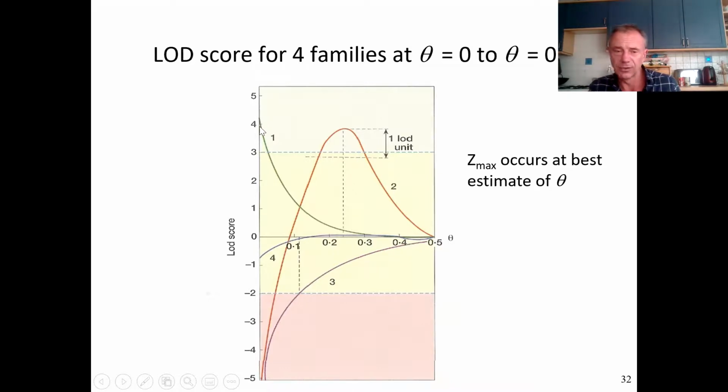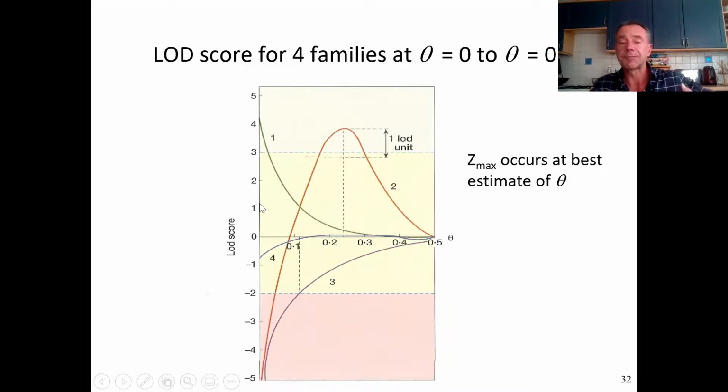Here is a curve where there are no recombinants. If everything is non-recombinant, then the maximum likelihood estimate for theta, the place where the likelihood is highest, is going to be where there are 0 recombinants, where theta is equal to 0.